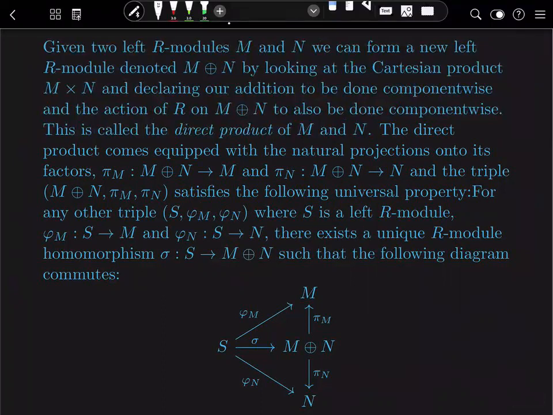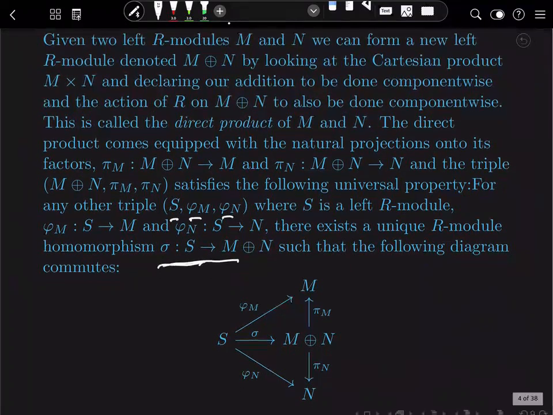For any other triple of R modules, so S is an R module, and phi sub M and phi sub N are module homomorphisms from S to M and from S to N, as stated here, there exists a unique R module homomorphism, phi sigma, that maps S into the direct sum such that the following diagram commutes. So this is a nice condition.